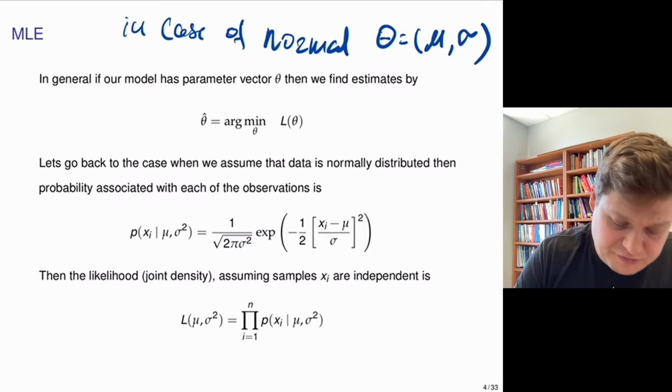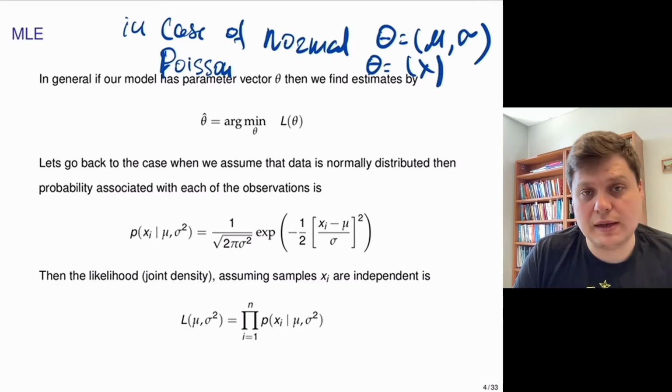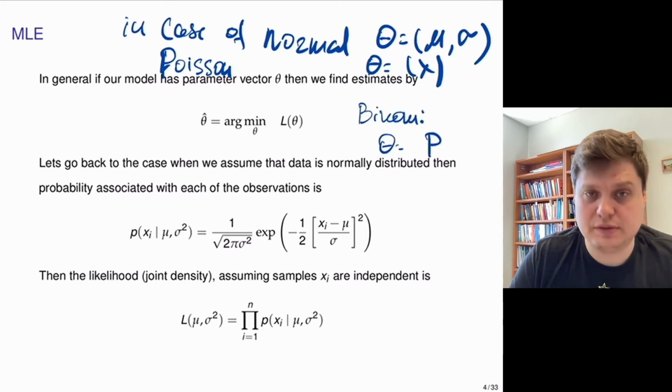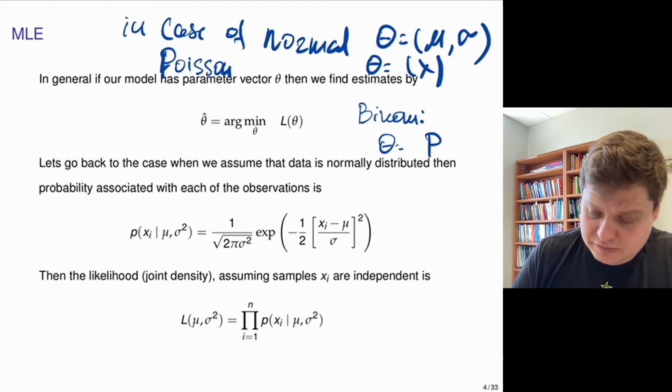If you have Poisson distribution, then theta is just a single number, lambda. And if you have binomial, then your theta is just going to be a single value p. Okay, but let's go back to the case of normal distribution.